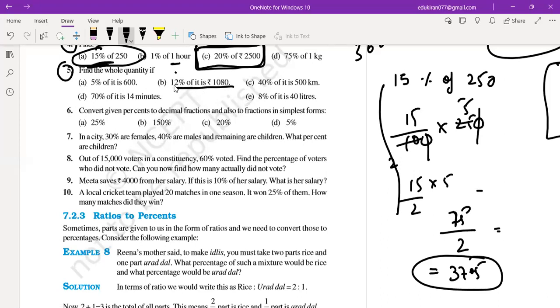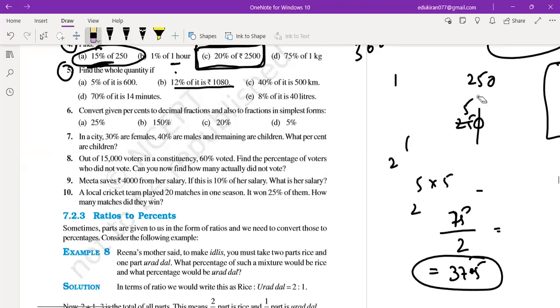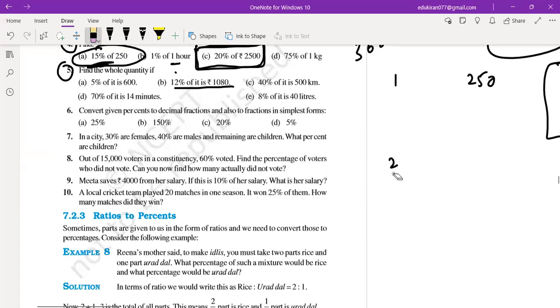See, you were asking at that time 12% of this, right? Now can you see the difference in the question? They are saying 5% of it is 600, right? So over here, you don't know of what.